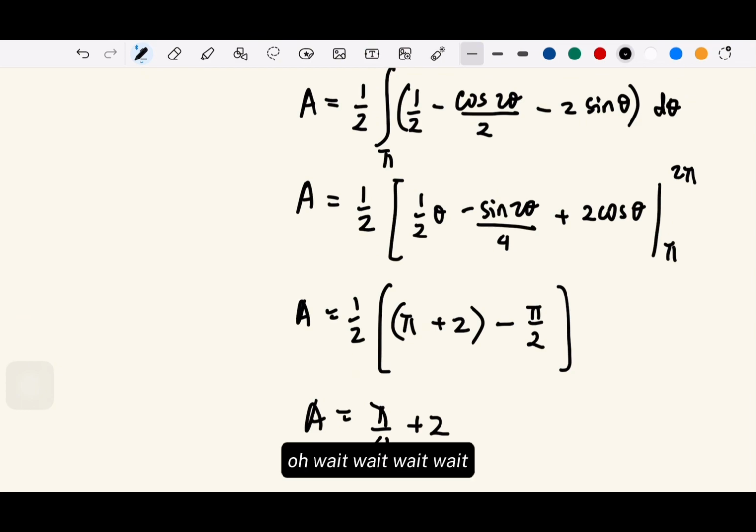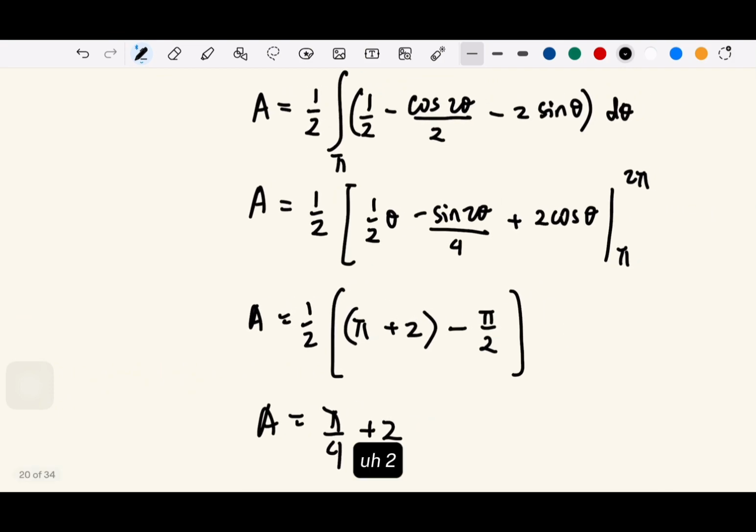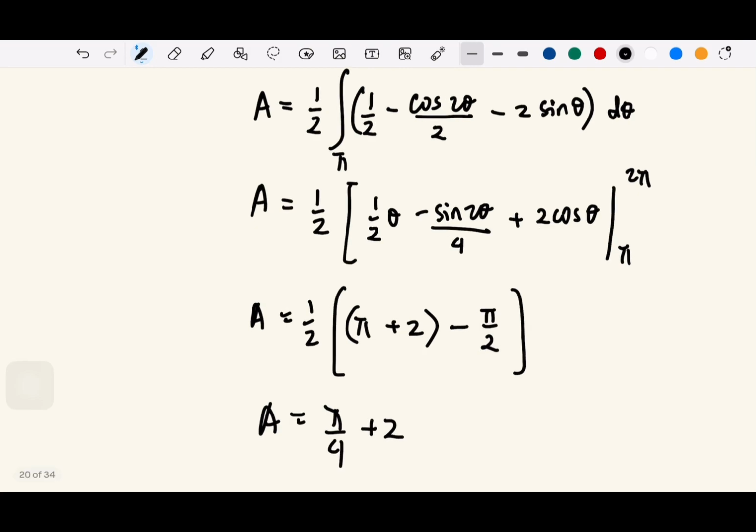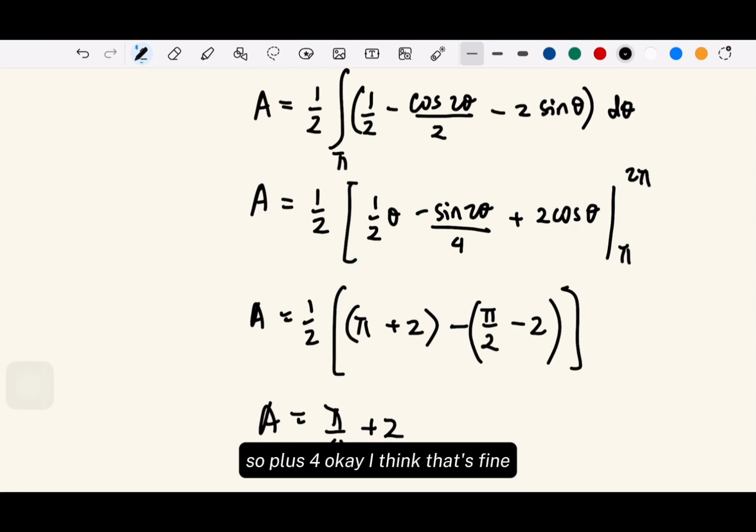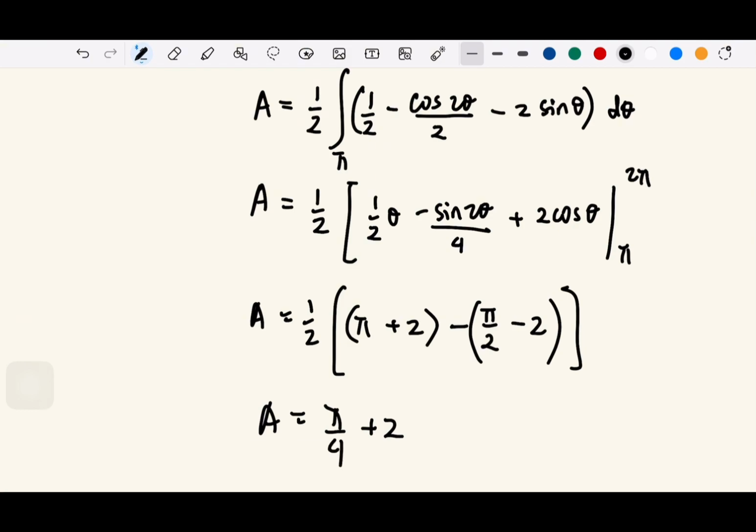Oh, wait. 2 cosine, this should be, that will be correct. So plus 4, okay, I think it's correct now.